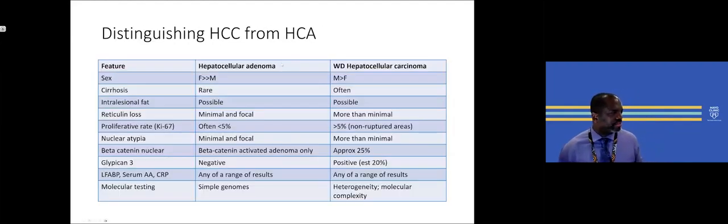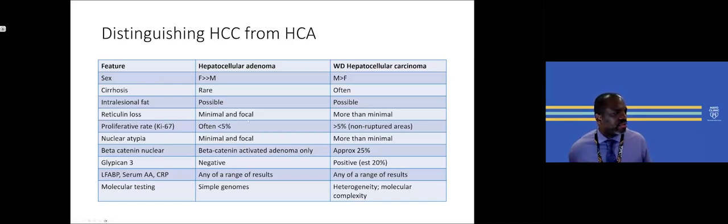This is a table summarizing the key features that I pay attention to and I find to be discriminatory between hepatocellular adenoma and well-differentiated HCC. Patient sex can be helpful, so too cirrhosis, as mentioned before. I've included some features that I think are not helpful per se, but it's useful for you to be aware that they're possible in both adenomas and HCCs, and this will be intralesional fat, which is possible in both of these.